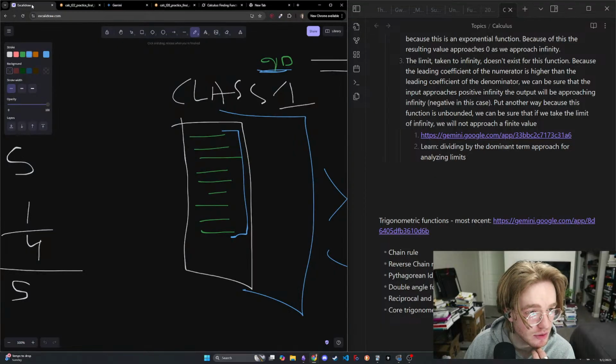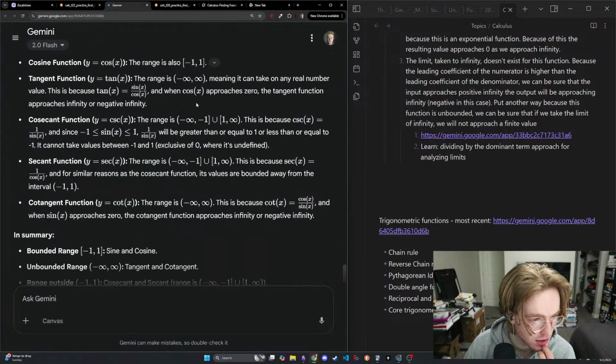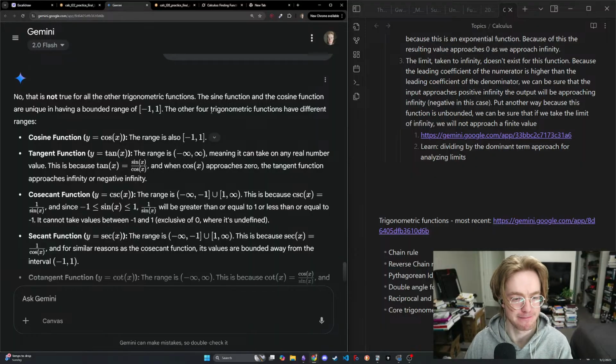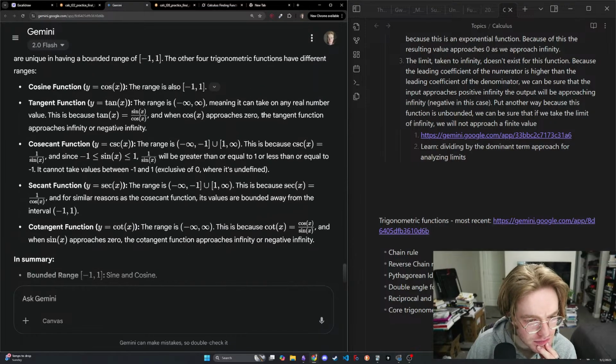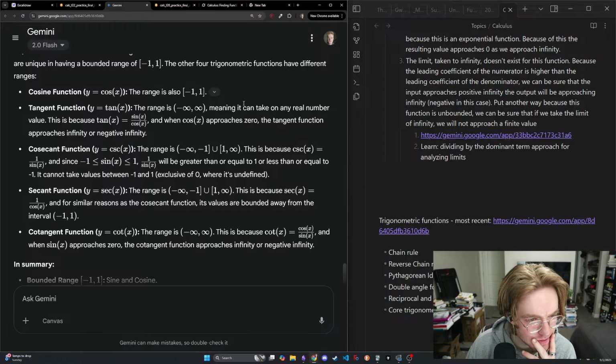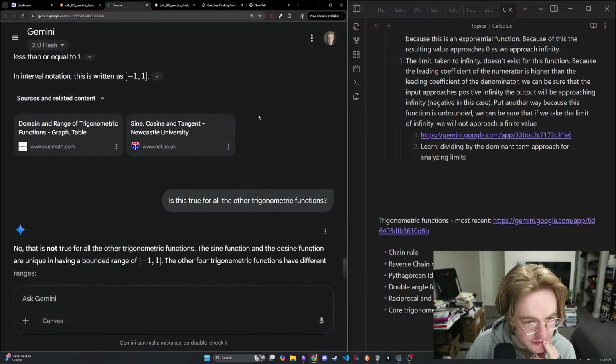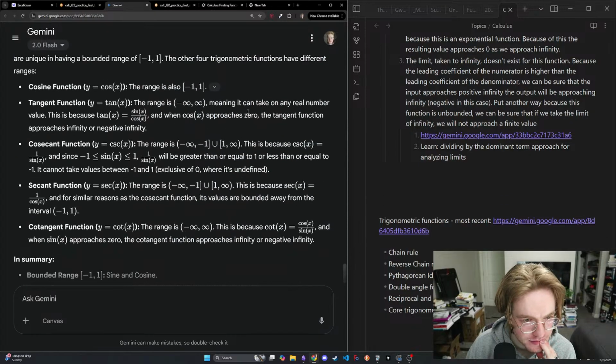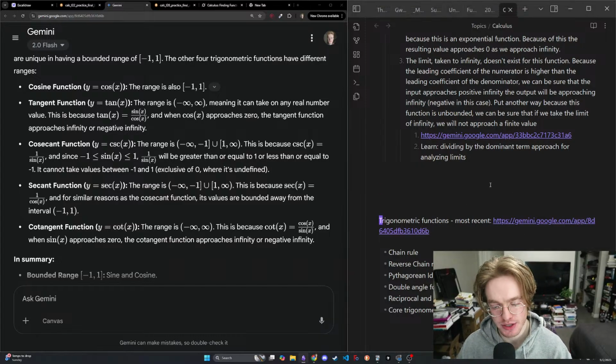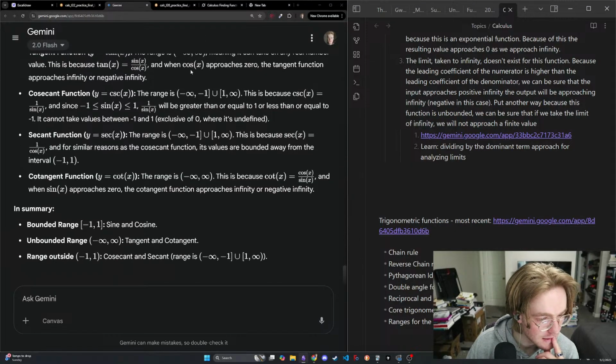Okay, so I think I'm going to grab... okay, I think I'm also going to grab the ranges for the trigonometric functions.